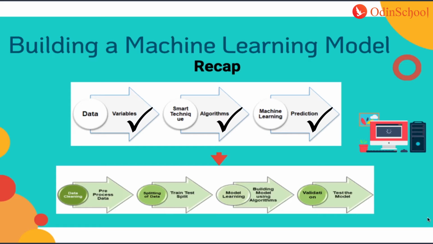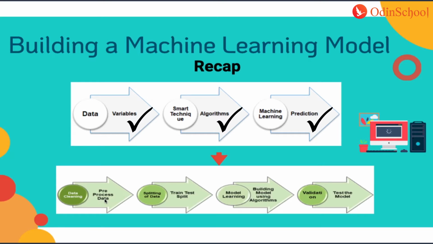So what do we do with that data? The first thing that we do is pre-processing of the data. What is pre-processing? Pre-processing is the data cleaning part, or standardizing, or making the data ready for your model.